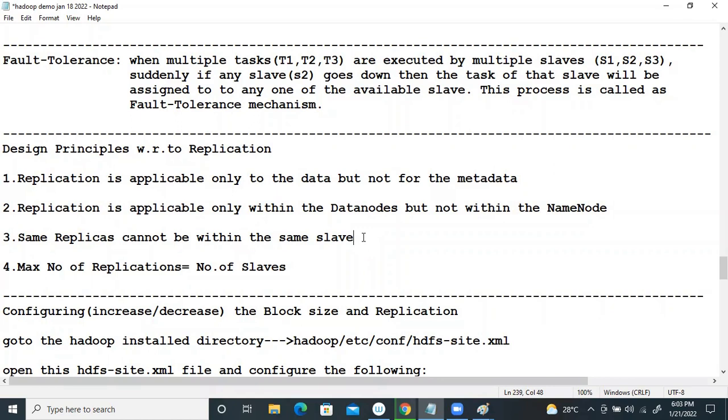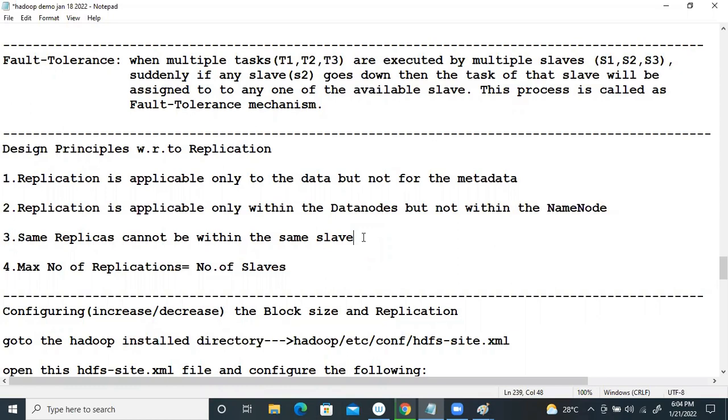Depending upon the sensitivity of your data, if it is too sensitive, you can go with 4, 5, or 6 times replication, but you cannot go with 20 times replication where the data files are very big and keep on accommodating.